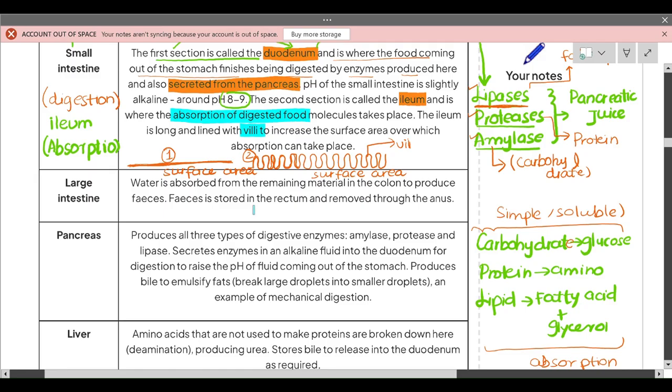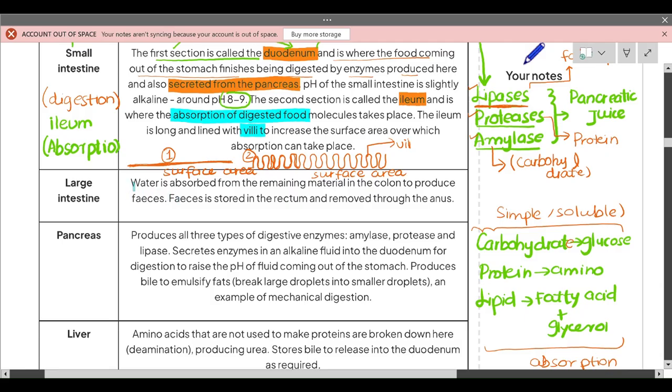Can you please give me one of the food components that is not digested in your digestive system? Fiber. Yes, fiber is one of the components, but there are still some parts of the food, and some hormones and other components, that need to be removed from your body. That happens in your large intestine.